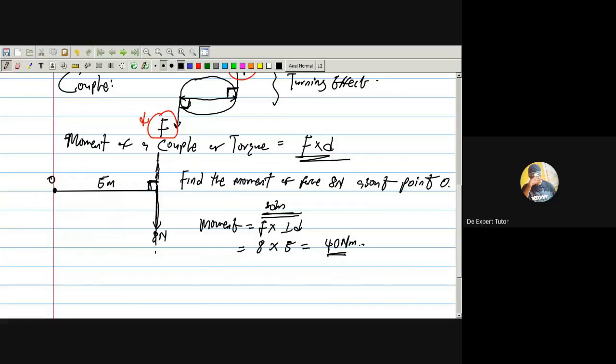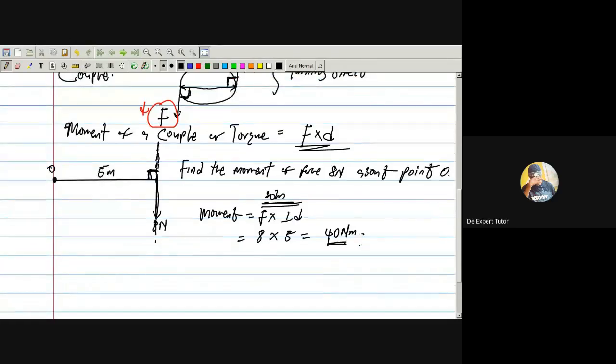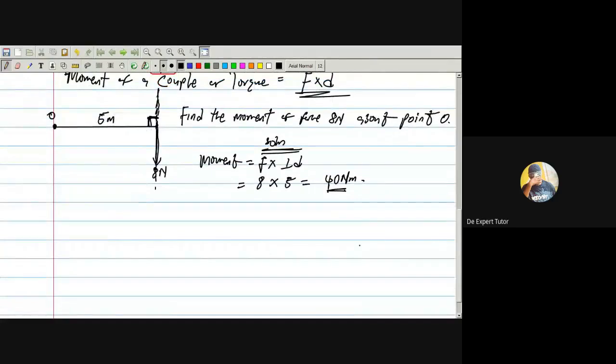A very simple question. Now, let us make the question a little bit different from this. Okay, look at another question here. This is point P. This distance is 12 meters. And this is 30 degrees. And you have 10 newtons.